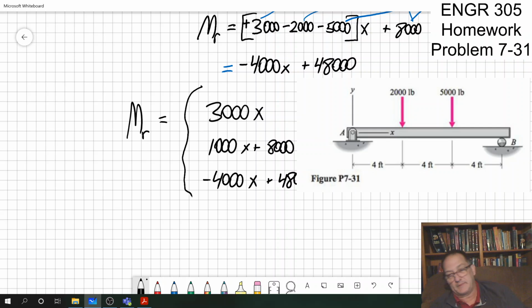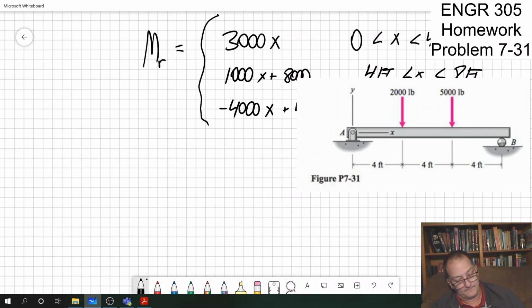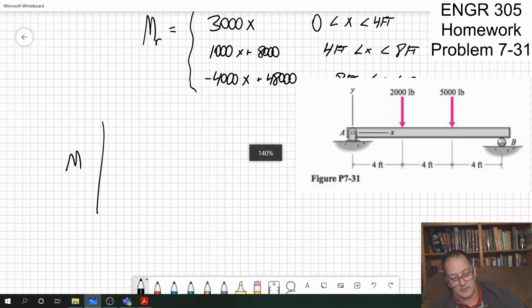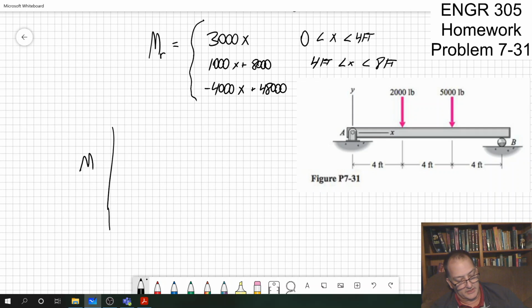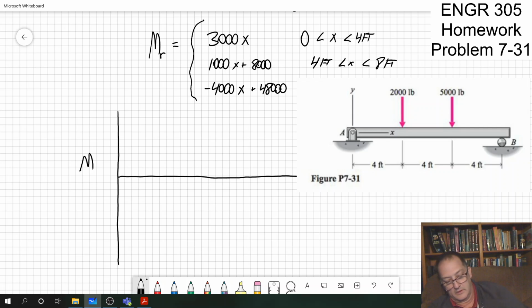Now, let's plot this the same way. I'm going to give myself a little more space. This is going to be positives and negatives, actually mostly negative. It's 3,000 times x, and so if I go out, let's go 3 squares per.